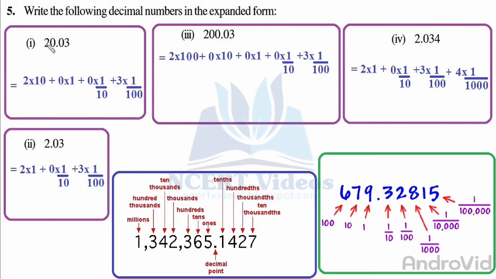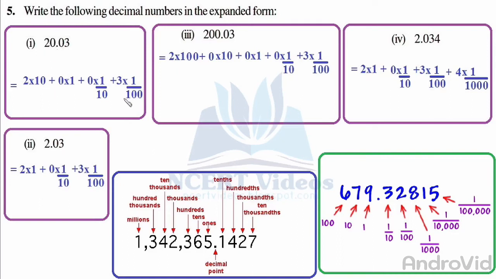So here we go. This 2, first of all we will write this 2 and multiply it by its place value. Its place value is what? The second digit before the decimal is tens, so we multiply it by 10. Then we add, because eventually we are adding everything. So 0 as it is, the value, and then the place value. This is the real value and this is the place value, 1, because it was 1.